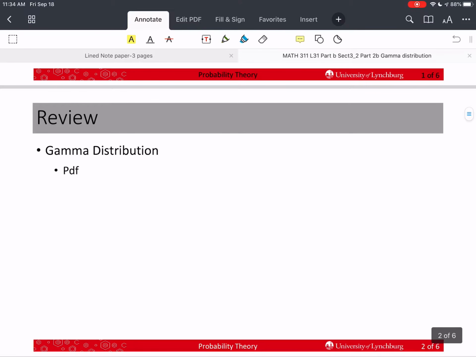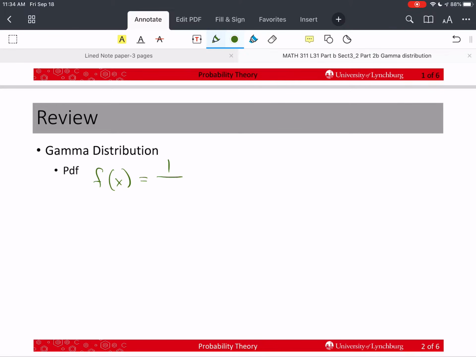Last time we derived the PDF of the gamma distribution, and I will write it again. So f of x equals 1 over theta to the alpha, gamma of alpha, the gamma function, times x to the alpha minus 1, e to the negative x over theta.